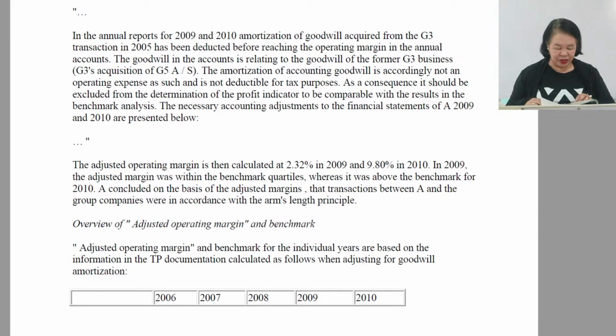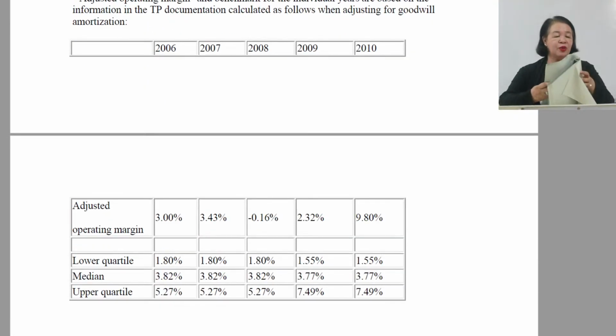Overview of adjusted operating margin and benchmark. Adjusted operating margin and benchmark for the individual years are based on the information on the transfer pricing documentation calculated as follows when adjusting for goodwill amortization. So, may metric siya 2006 to 2010, no? So, adjusted operating margin, nag-adjust na siya sa 5 years, no?